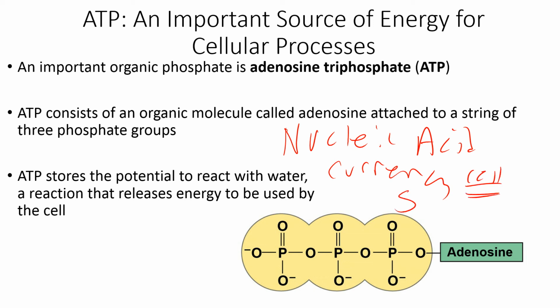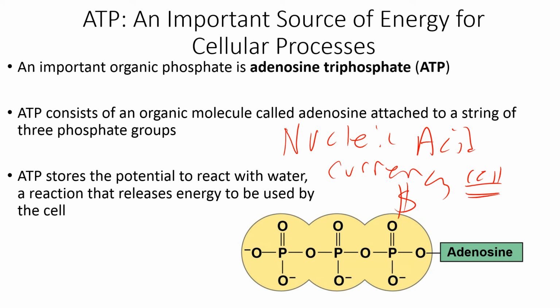So think of it as money. When you look at ATP, notice you have this adenosine, and you have this triphosphate. So you have three phosphate groups.